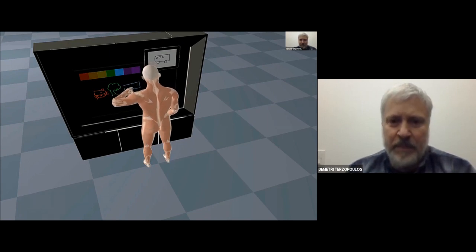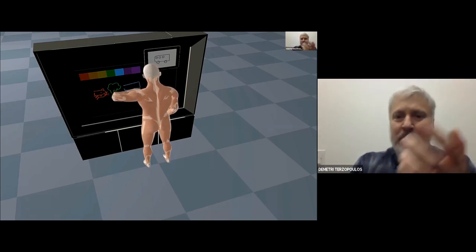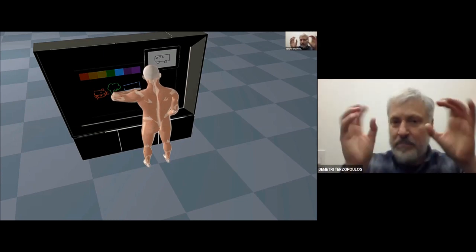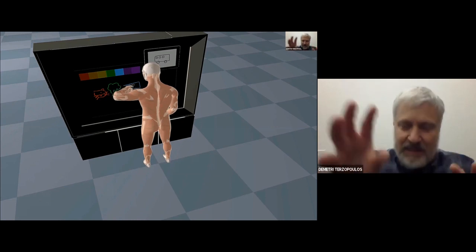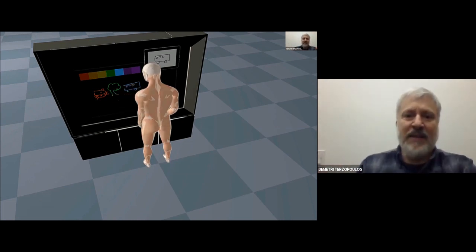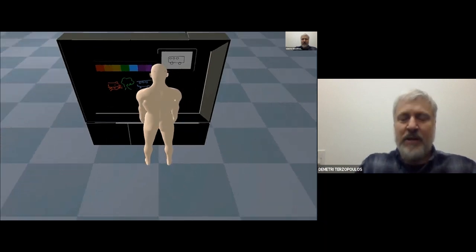So he can step up to the display, balance, use his arms and neck, and the eyes are looking at, paying attention to what needs to be paid attention to, and the whole thing works completely autonomously.